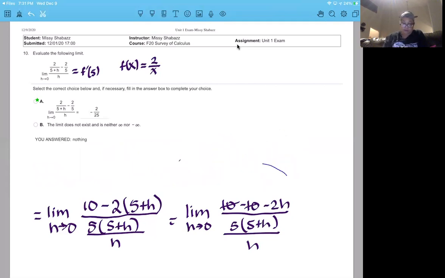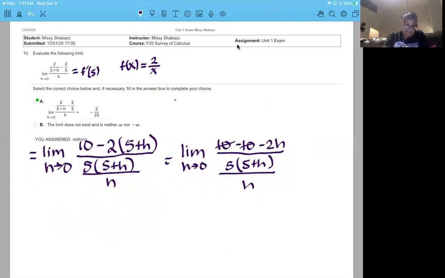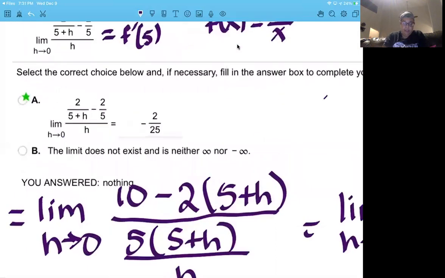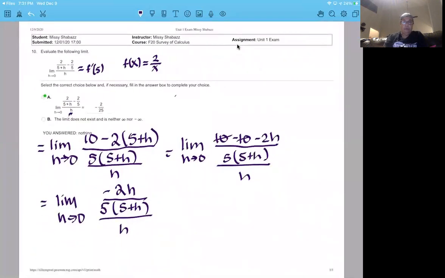And let's move it up. And I get -2h over 5 plus h over h. And I forgot to mention this at the very beginning, but remember we can't actually plug in 0 because if I plugged in 0 to that denominator, it'd be undefined. So that's why we are having to do some algebra.